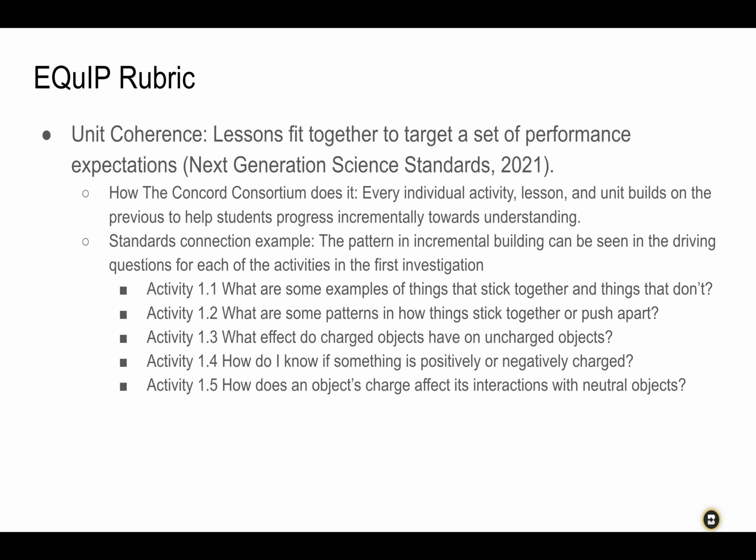What effect do charged objects have on uncharged objects? Now that we understand that charged objects stick together and don't stick together, we want to see how those affect things that aren't charged. Then we want to know how we know if something is positively or negatively charged. And finally, how does a charge affect its interactions with a neutral object? So each of these is building on the previous one.